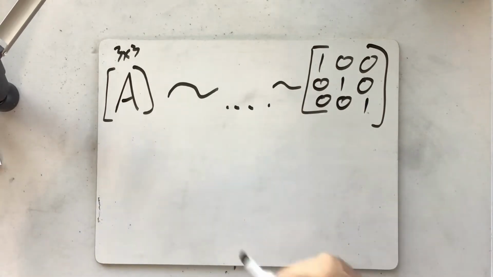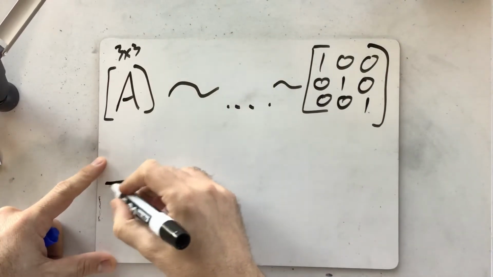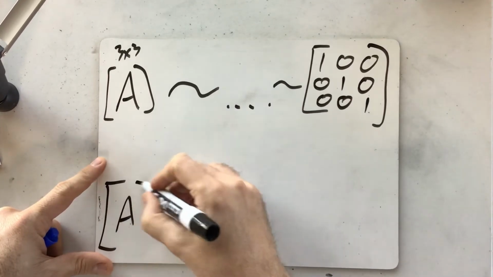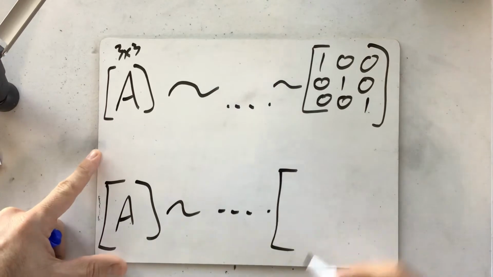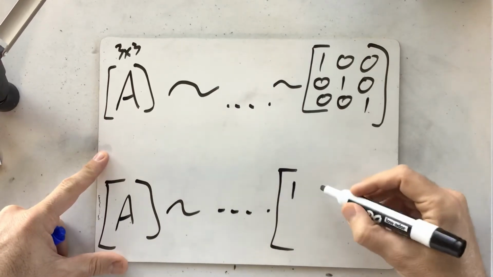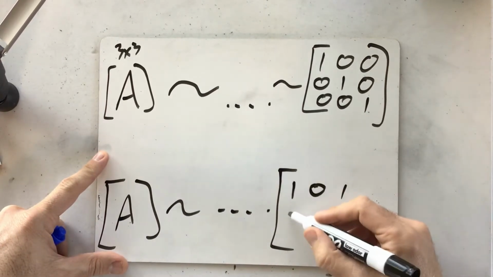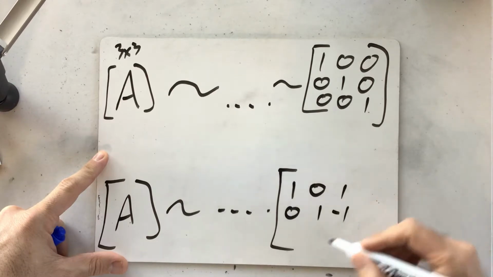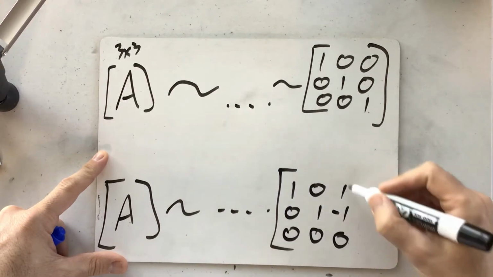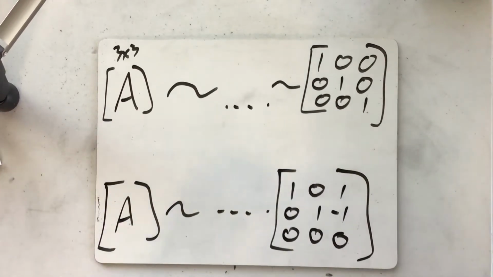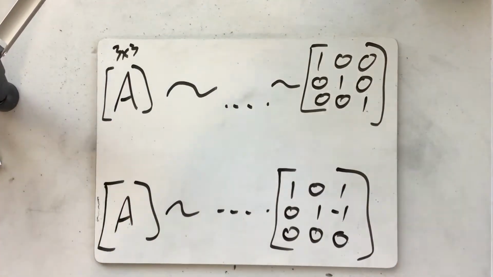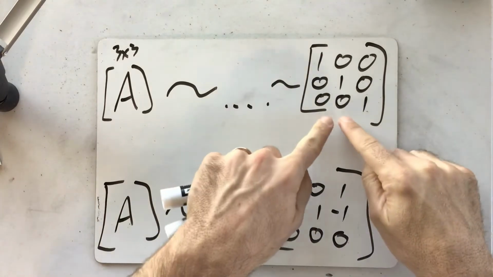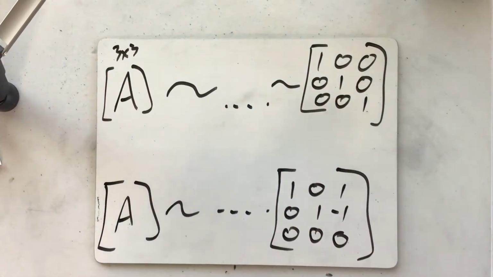But a second possibility is that when we row reduce A, we don't get the identity matrix. We have some sort of free variables in here. So maybe we get something like this, where you have free variables. So option 1, you row reduce down and you get something that has an identity. Option 2, you get something with free variables.